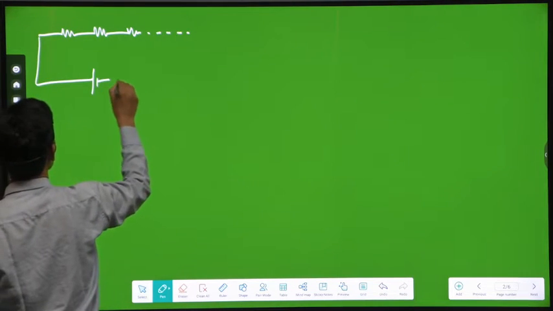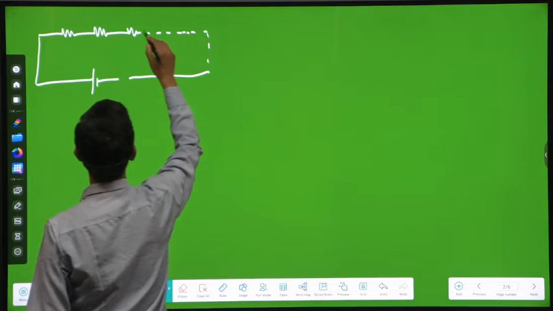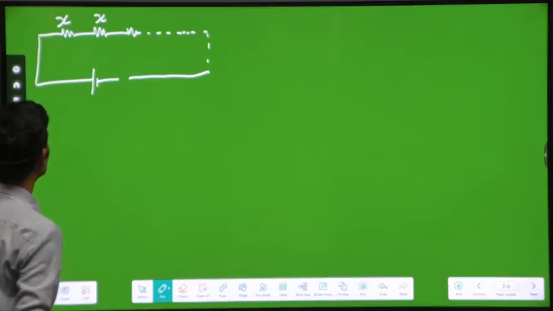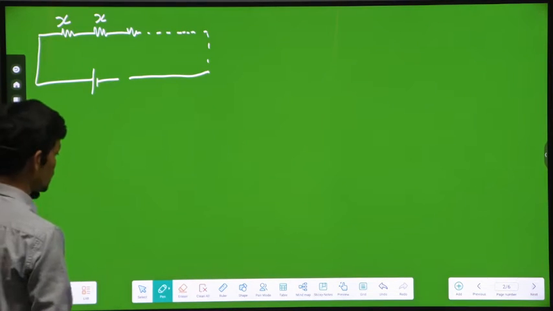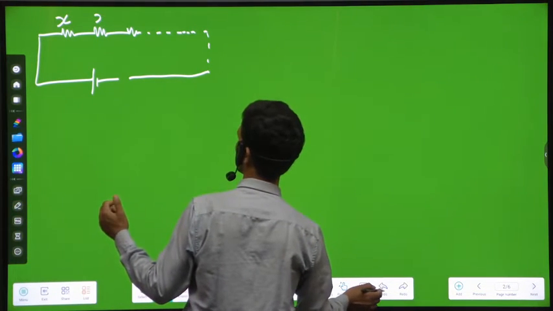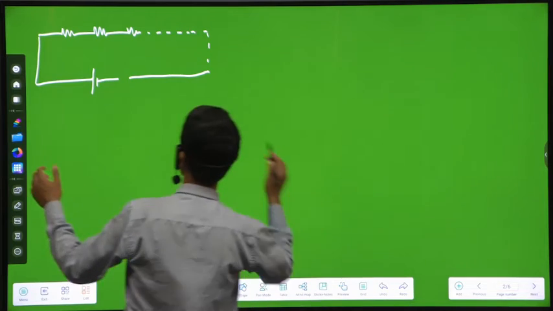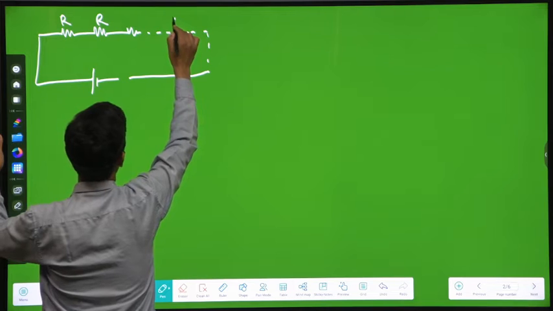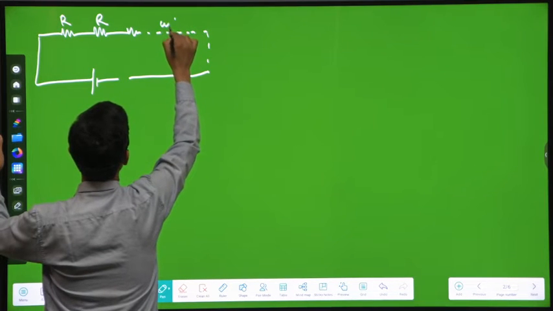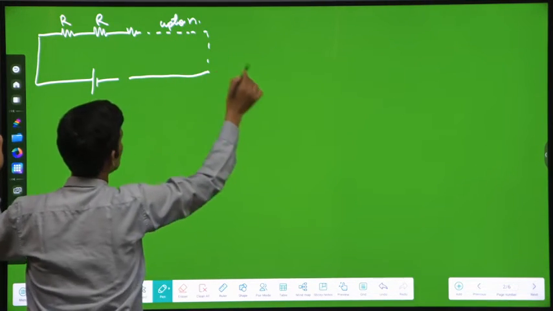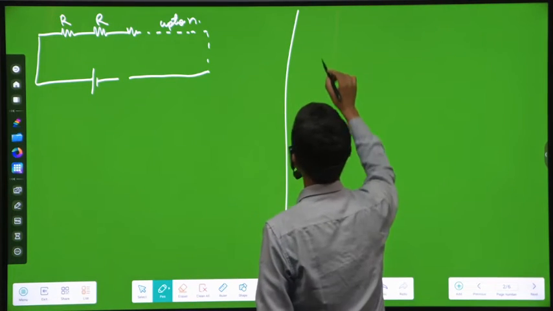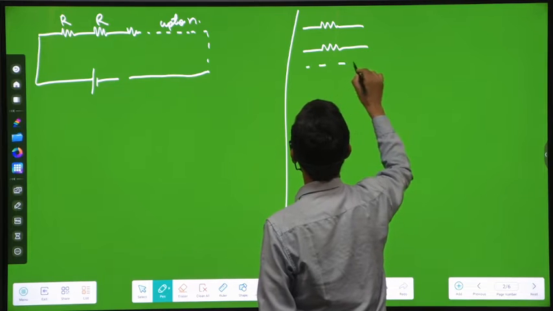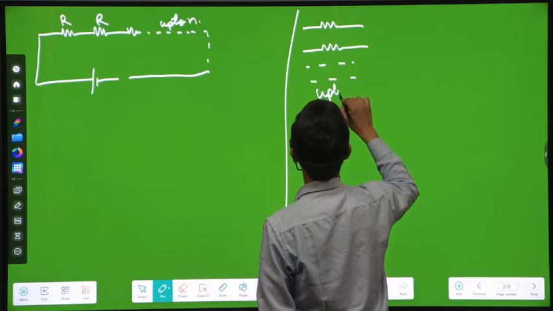This is quite easy, but let us suppose their value is x, or in fact I'm bringing some complication here, R up to n. Also another question, up to n.